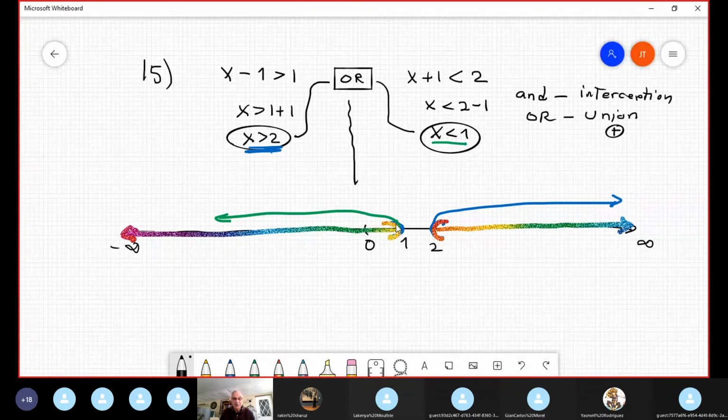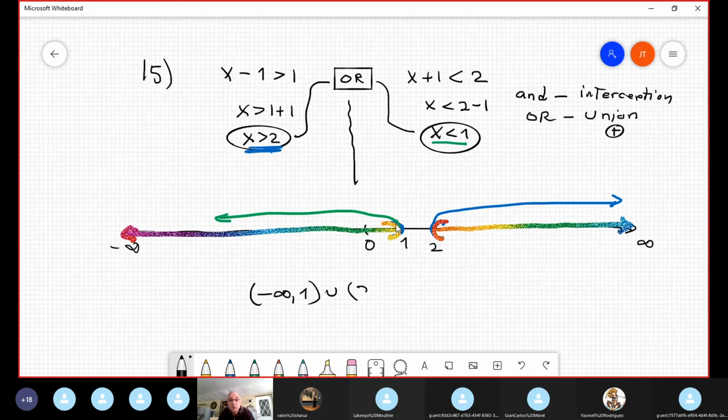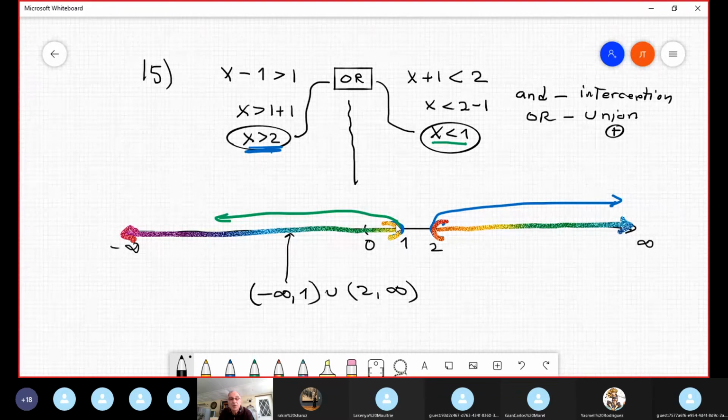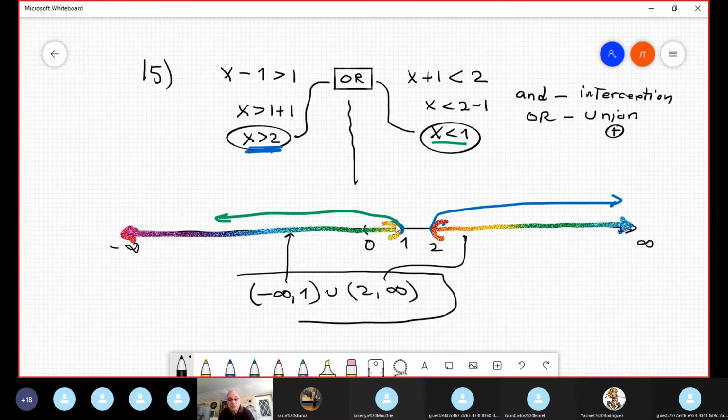So if you want to express this idea more clearly in interval notation, it is from negative infinity comma 1, parenthesis, union, 2 comma infinity. This interval is this part, this interval is this part, and together they are the entire solution.